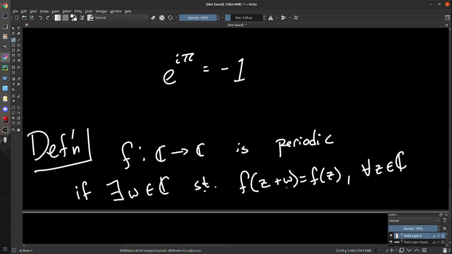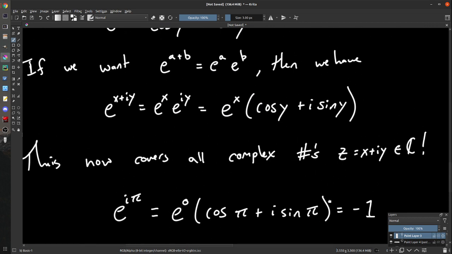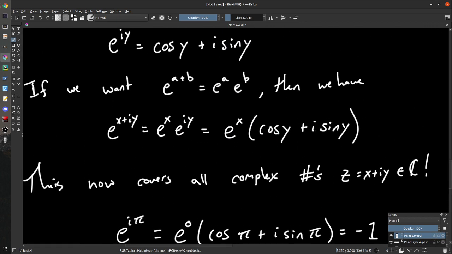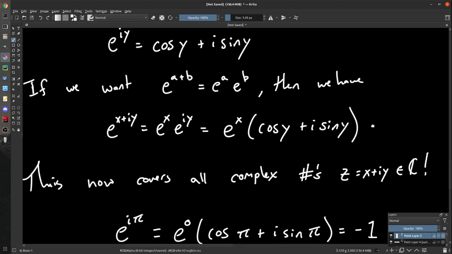So periodic functions, notice just from our definition right here, cosine and sine are periodic in the regular old sense, they're the nice little waves. If you add multiples of 2 pi to y, you'll get the same things. If you go around the unit circle to the place you were at, you can always do that.